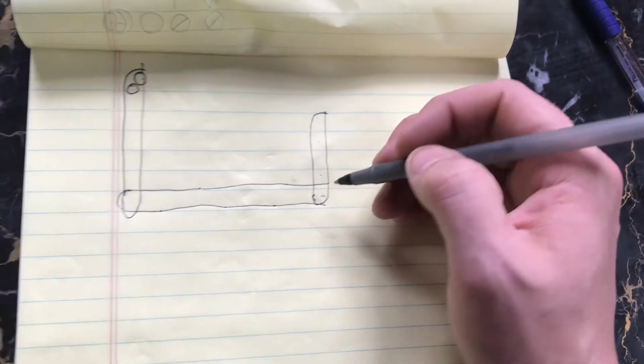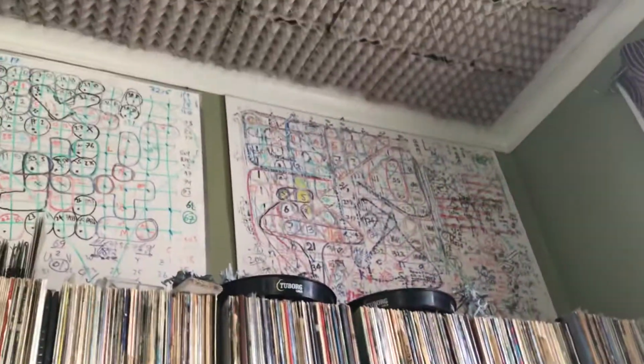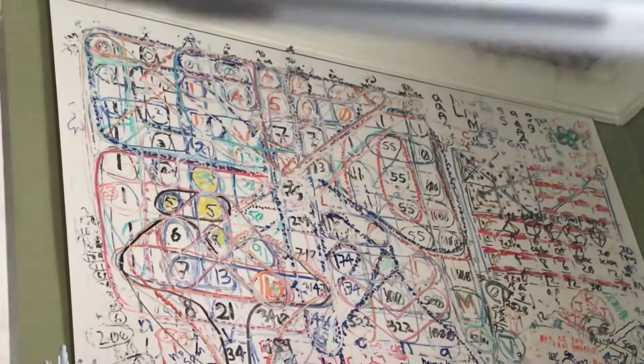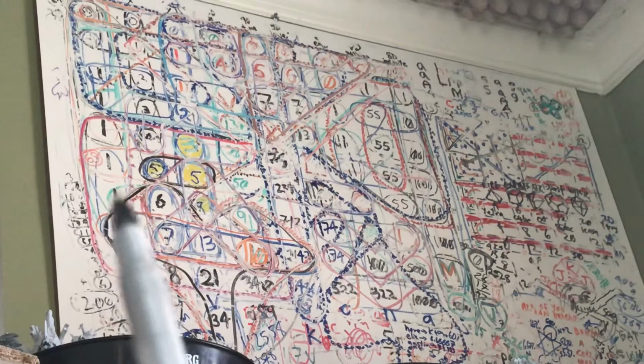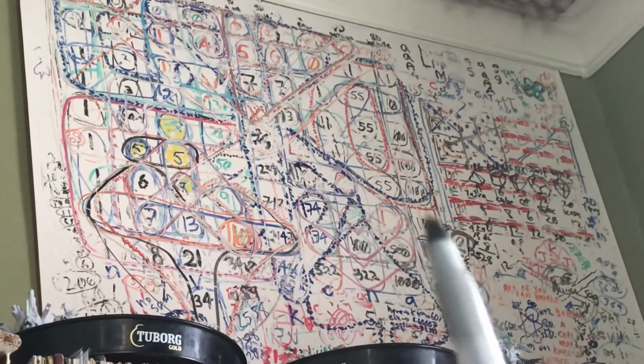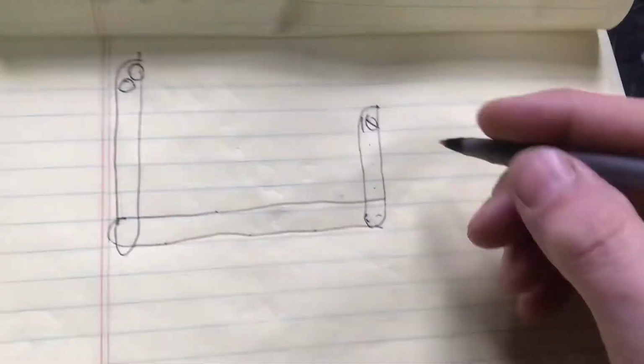Plot thickens. So what happens if you go down 7? 1, 2, 3, 4, 5, 6, 7. 1, 2, 3, 4, 5, 6, 7, 8, 9, 10, 11, 12, 13. You stop at the 10. So this value is a 10.